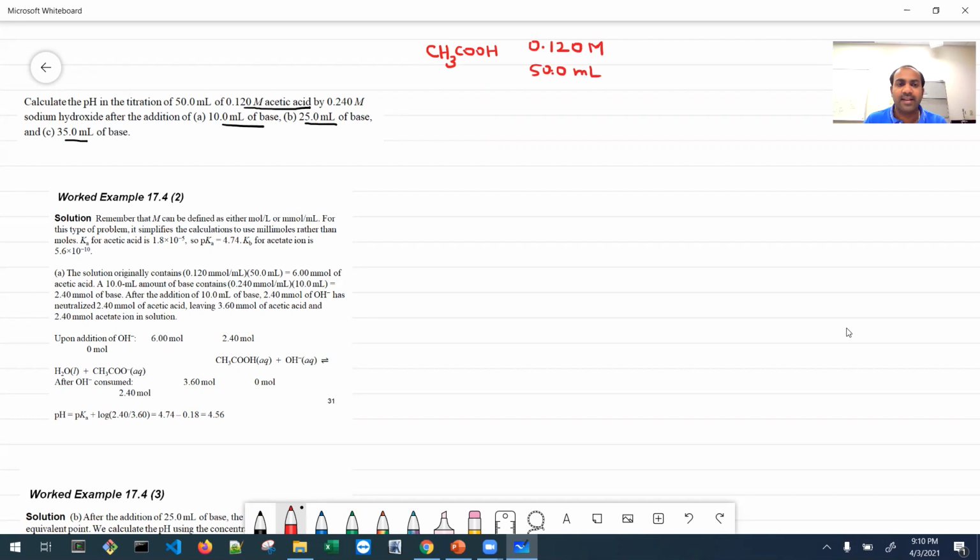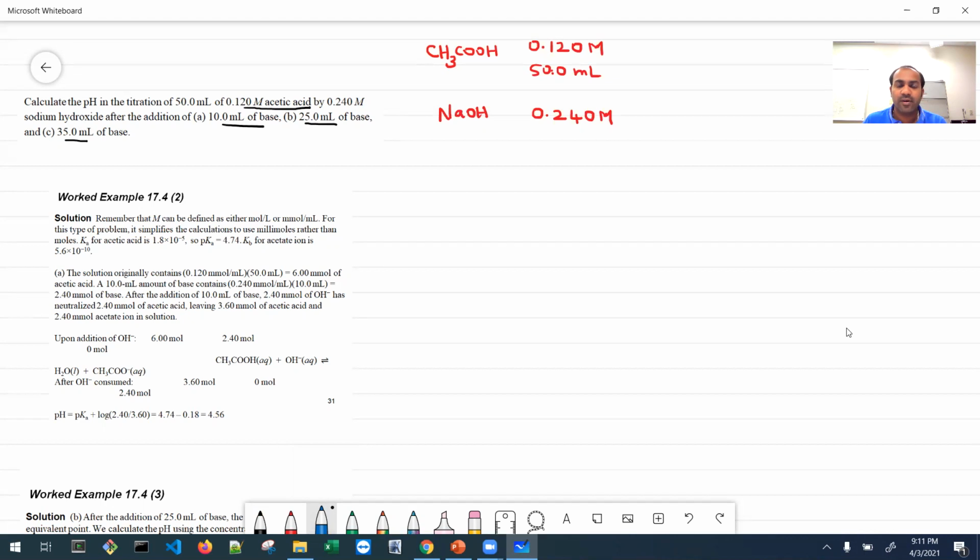So you take that in a flask, and then we're doing the titration with the sodium hydroxide of concentration 0.240 molar. So for sodium hydroxide, this is 0.240 molar.